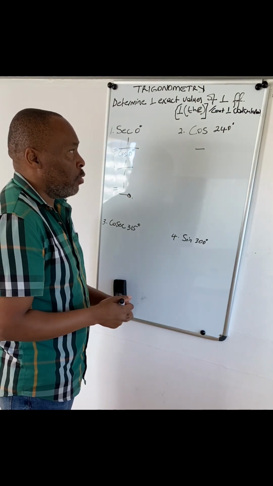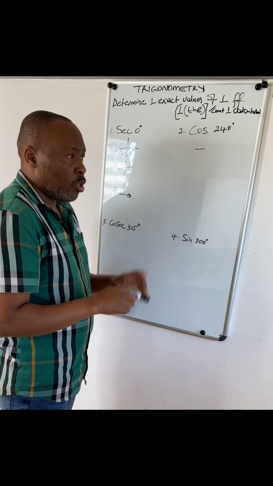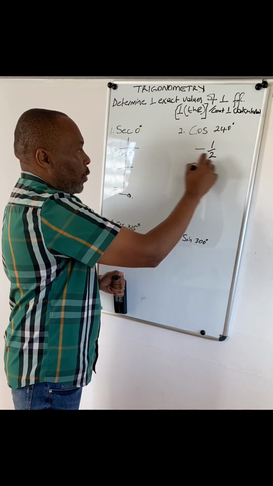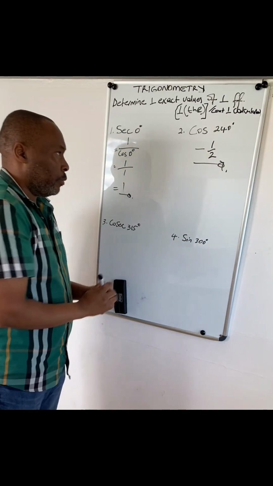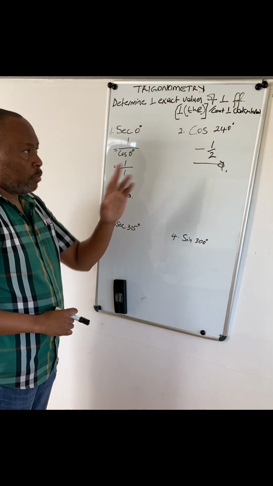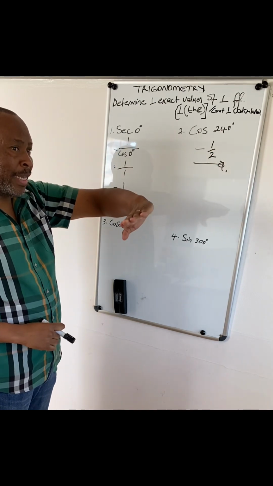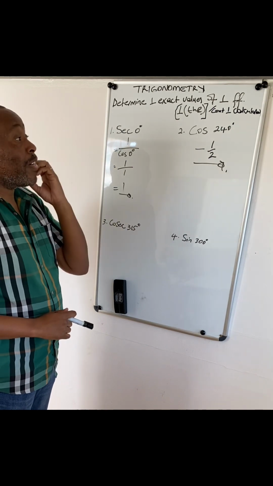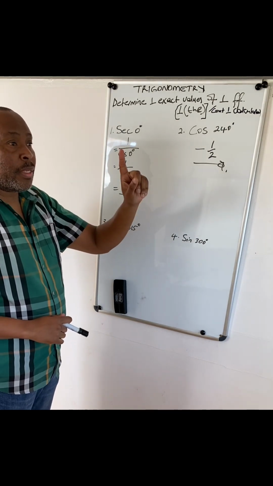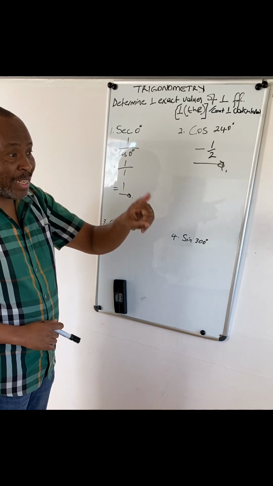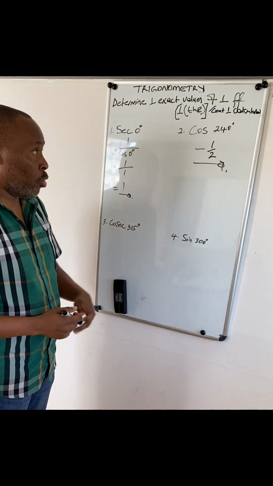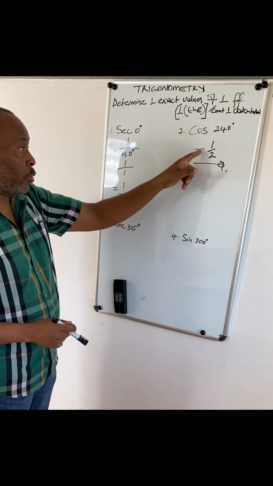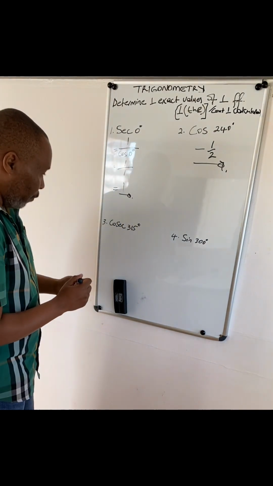Remember 240 is 180 plus 60. So at angle 60, cos is half, and sine is √3 over 2. We are not looking for sine, we're just looking for cos. It's the x value, and we take minus a half. This is our answer.